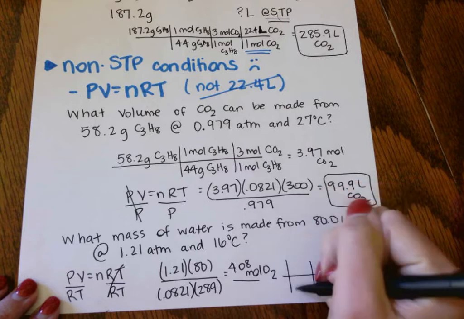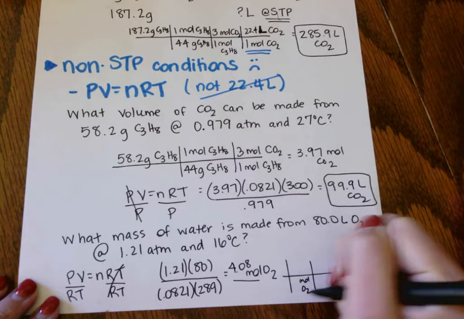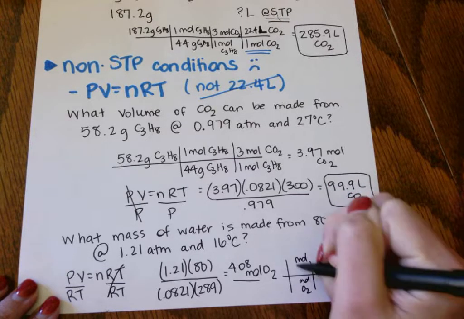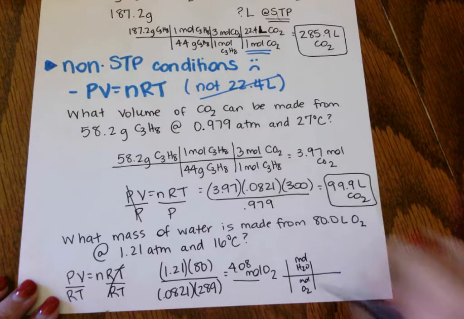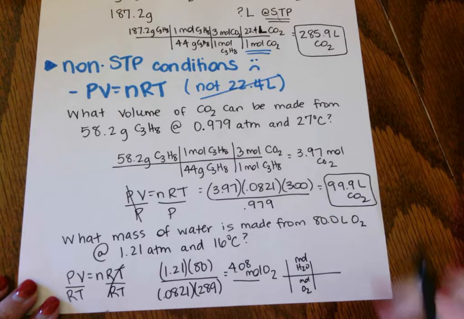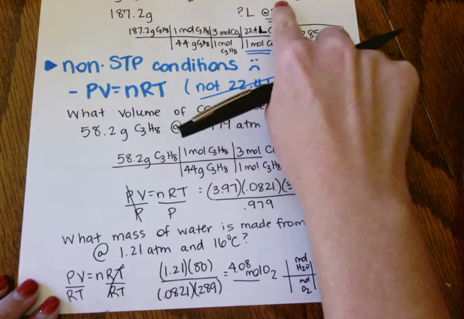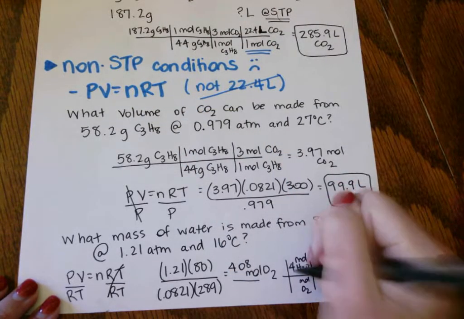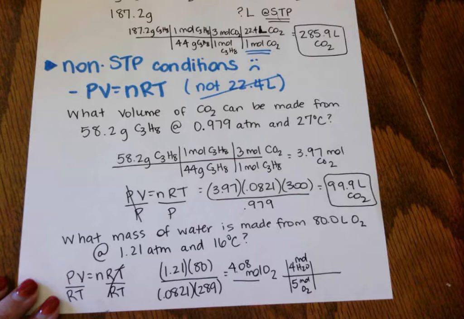Now that I have moles and I want mass, I simply get to put this into a T-chart. I'm going to get from moles of oxygen. I can only go from moles of one thing to moles of another thing using a mole ratio. Oxygen is in a 5 to 4 mole ratio with water in our propane equation.